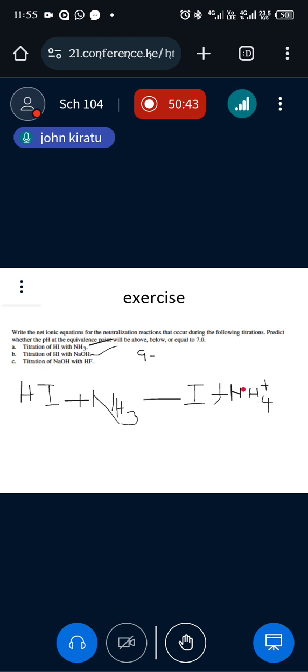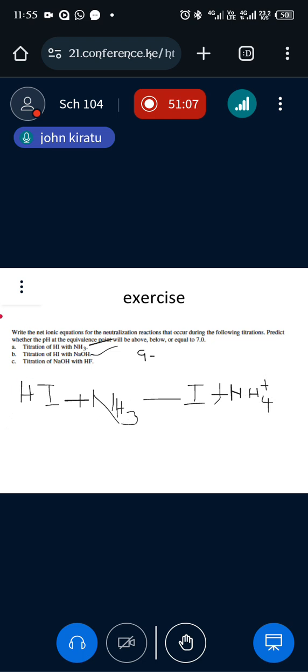And I'm seeing almost 90% saying below 7, only 3 people said otherwise. I hope you are able to see why we are saying it is below 7.